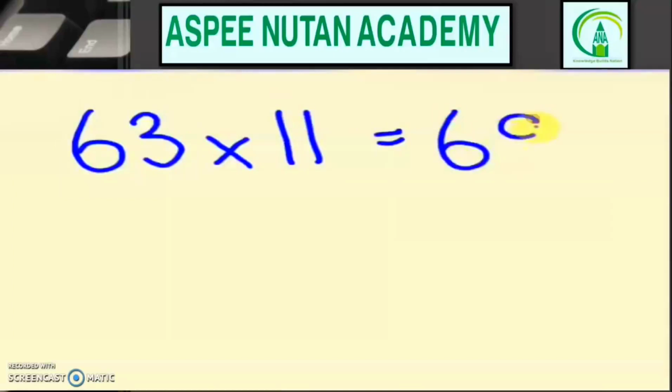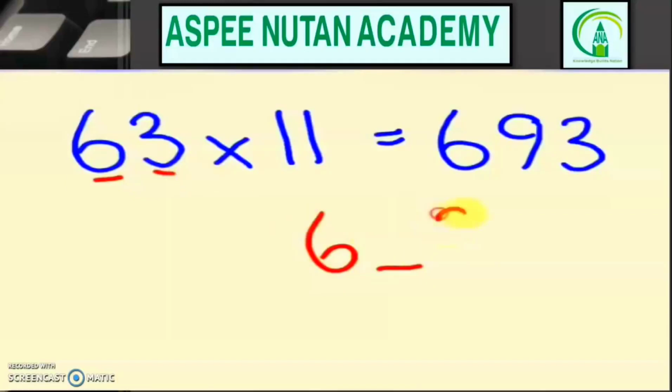All we have to do is multiply 6 times 1, which will give us 6 in the hundreds place. One times 3 gives us 3 in the ones place. And now for the magic. 6 plus 3 gives us 9 in the tens place. 693.